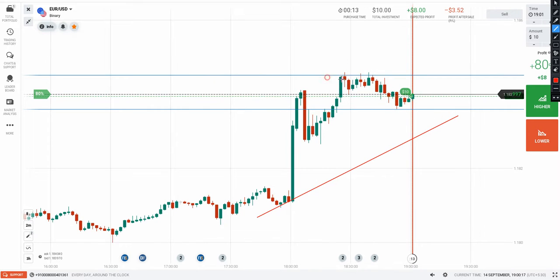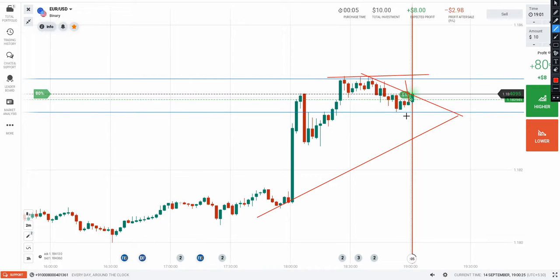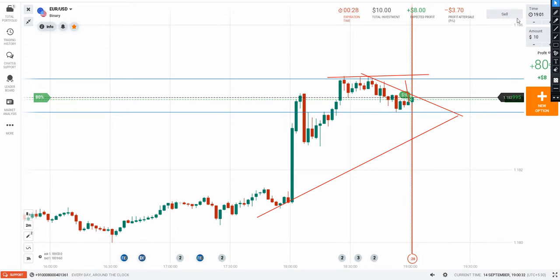The next entry of the sellers is here or here, and there is a gap, and previously there is a strong buying pressure and the buyer's entry. So that's why I kept for a call option here. So let's see.